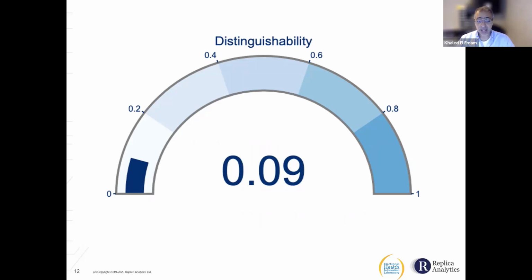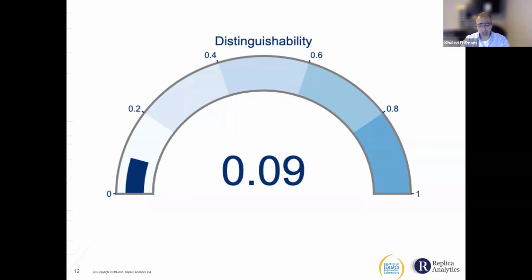This is actually a tough test to pass, because discriminators are very powerful at detecting small differences between the real and synthetic data sets. In our case, we use a gradient boosting machine. We score this ability on a scale from 0 to 1. So a value of 0 means that the discriminator is not able to tell the difference between the real data and the synthetic data set. It means that the synthetic data set is very similar to the real data set.